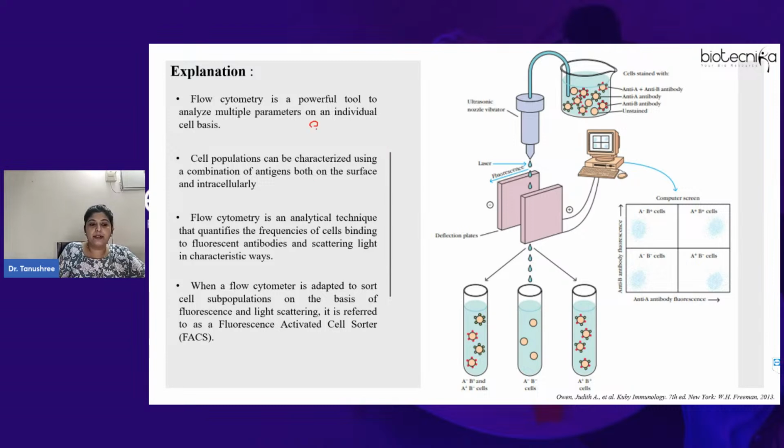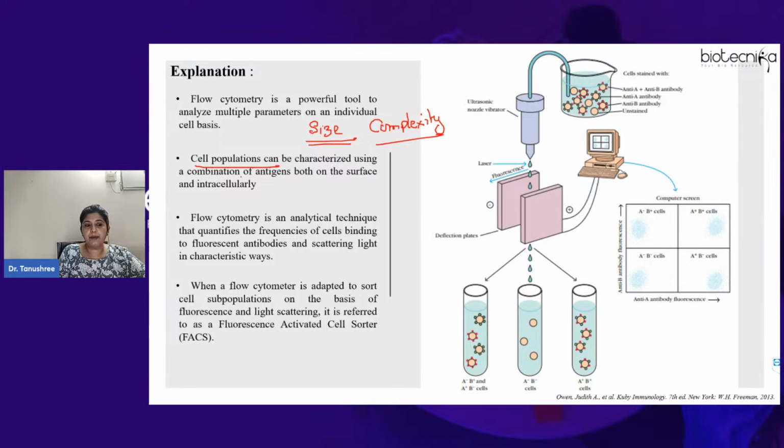You can even identify the cell based on size and also complexity or granularity. It's a quantitative technique, so you can count the number of a particular cell in a mixture of cell population.